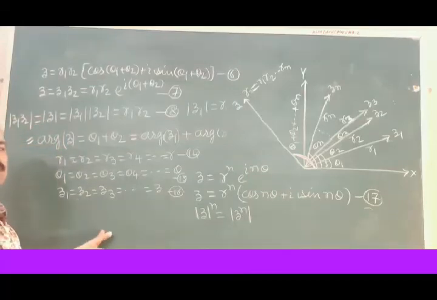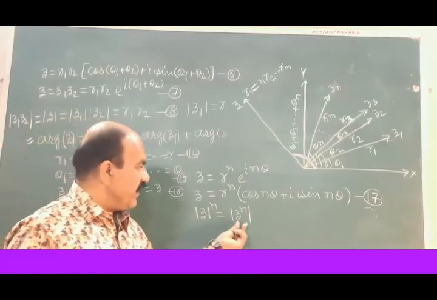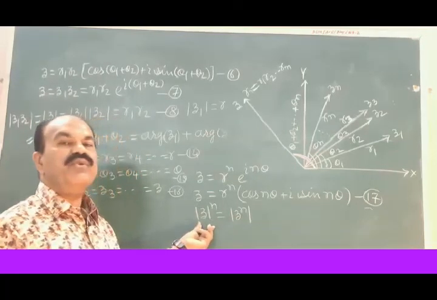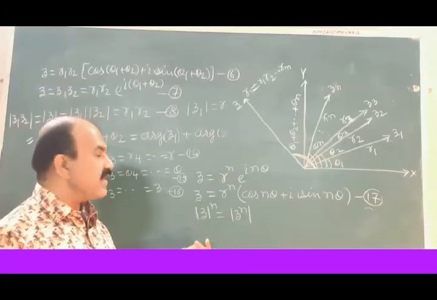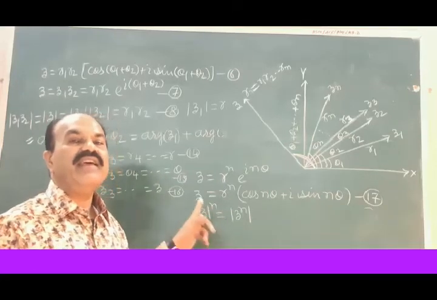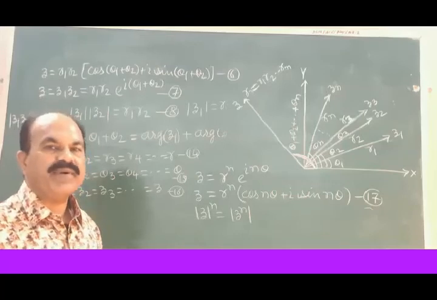Z1 is equal to Z2 is equal to Z3 is equal to Z, and therefore modulus of product of n complex numbers is equal to modulus of a complex number raised to n, where n is the number of complex numbers.